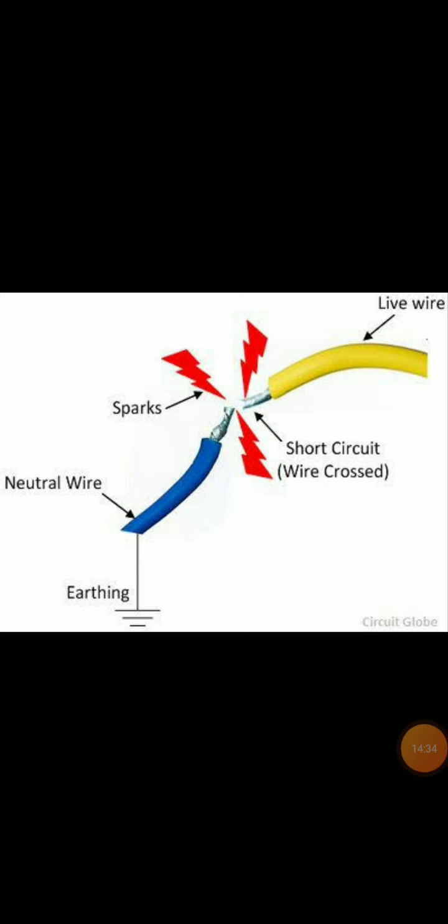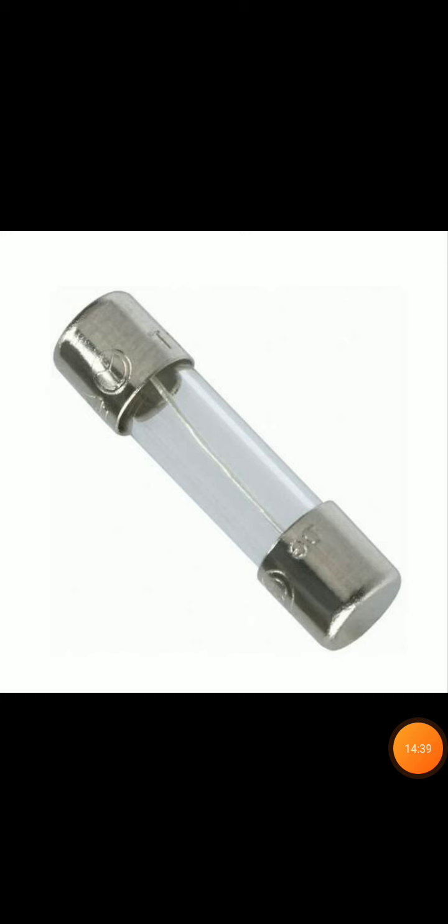How can we overcome this short circuiting? The use of an electric fuse helps by preventing the electric circuit and the appliances from damage. How? By stopping the flow of high electric current.